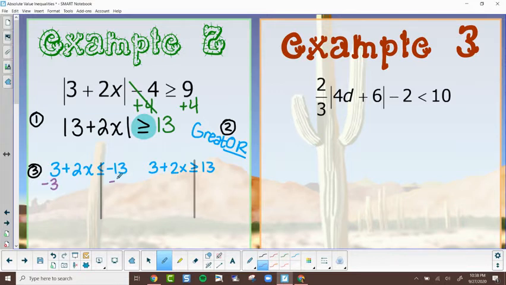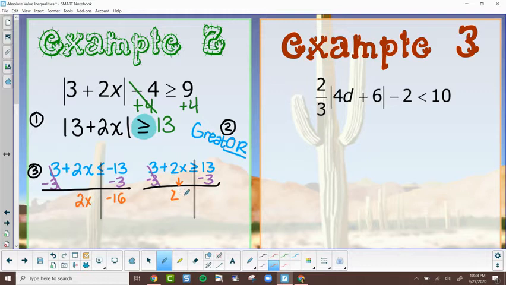So I've split it, and now I can solve. And you'll see all of these have the same steps, which is kind of nice that you get to repeat your steps. I think it makes it a little bit easier. All right, so it looks like I have 2x on one side, and then I've got negative 16. I bring this down.